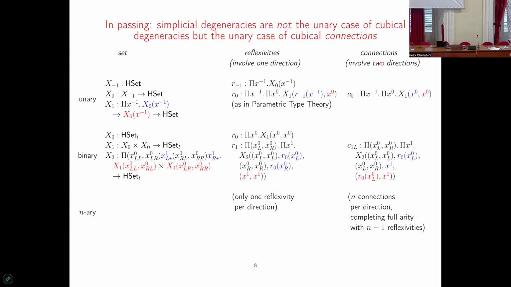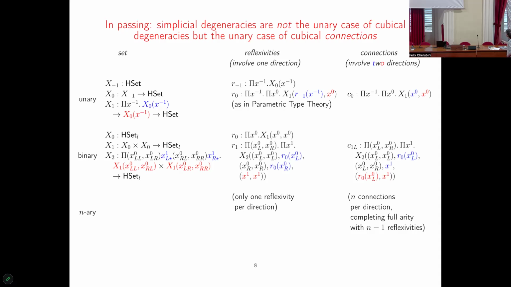On the other side, the connection involves two directions which are different. So if we want to lift a line x1 into a square, we move it in two directions, and we complete the extra data with the reflexivity.